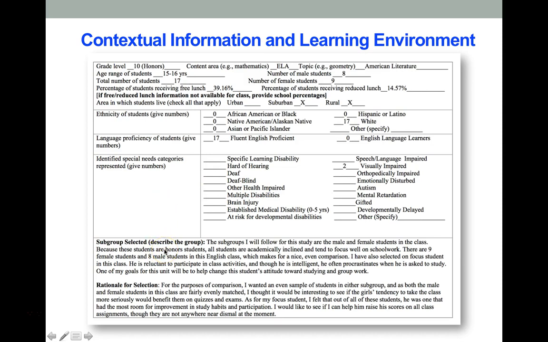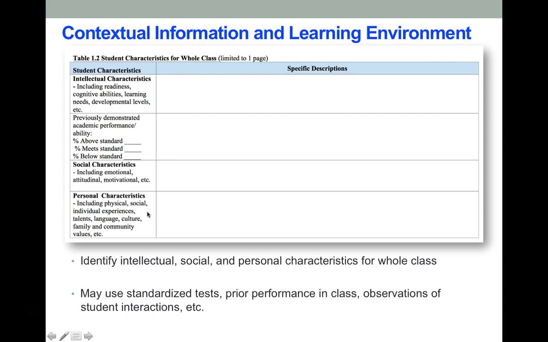In a minute, we're going to ask you to define a subgroup, and this is your rationale and why you selected 2 different subgroups, which we'll show you in just a minute. We're asked that you look at the intellectual characteristics, the special characteristics, and personal characteristics of your kids, and you'll be writing a very brief description of what those 3 areas are like for those students.